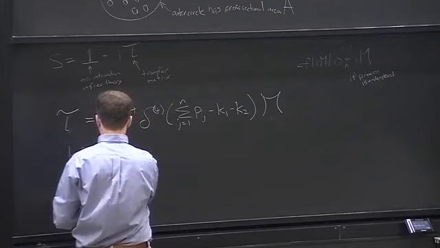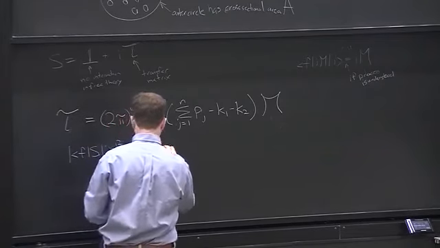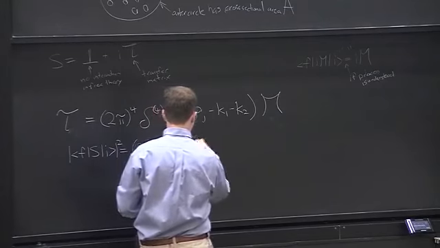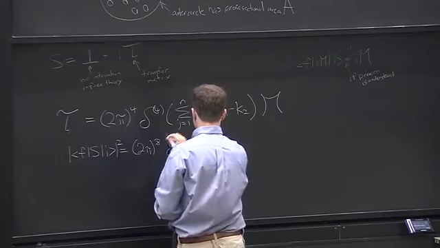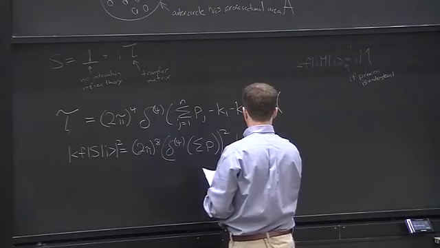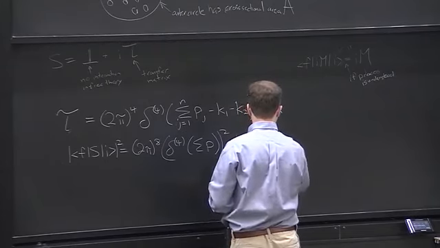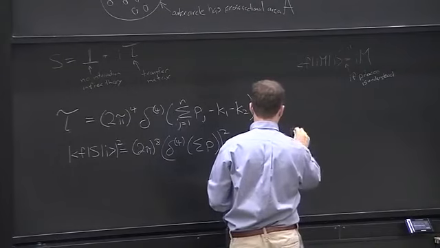And so if i is different from f, then what we have here is (2 pi) to the 8 times a delta of conservation of momentum squared times |<f|iM|i>| squared.